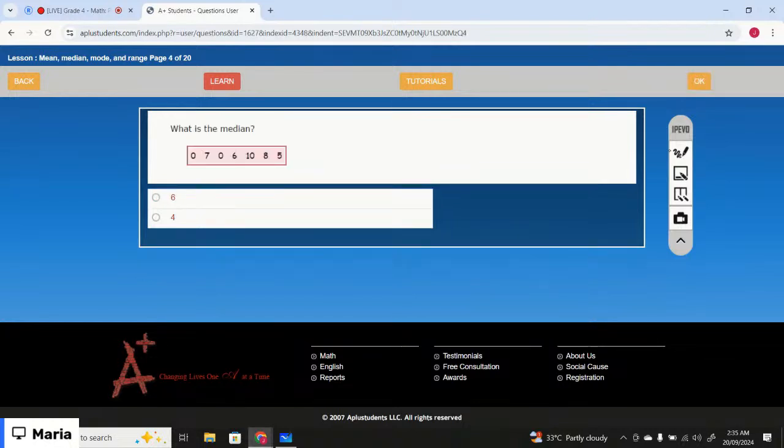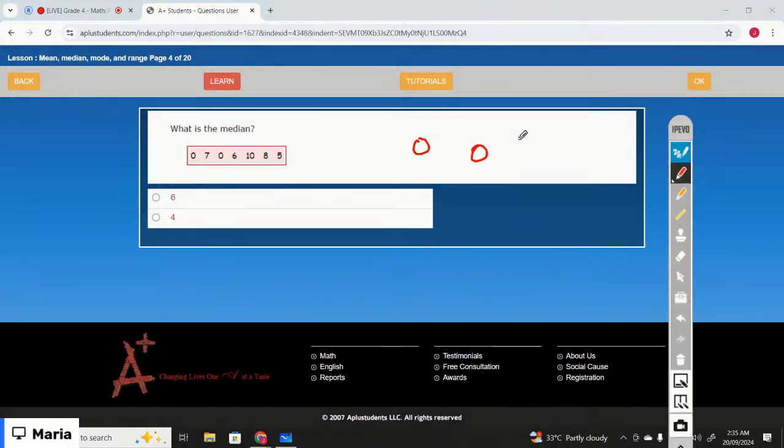What is the median? Just arrange them from least to greatest: 0, 0, 5, 6, 8, 10, and 7. So there are 7 numbers.